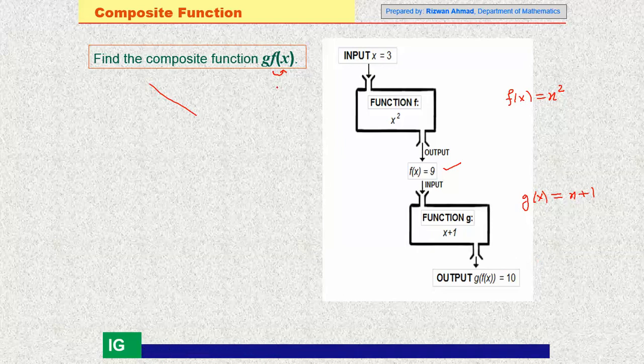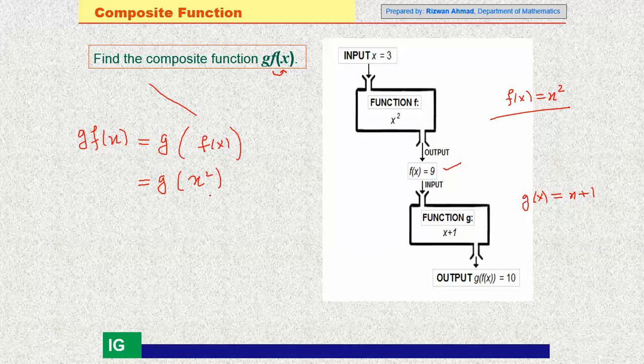Now see mathematically how we will find the expression for g of f of x. So g of f of x: what is f of x? f of x is x square. So we write here x square, and then what is g of something? g of something is that thing plus 1.